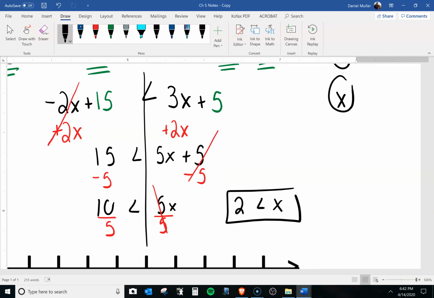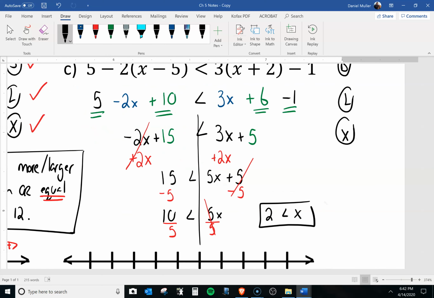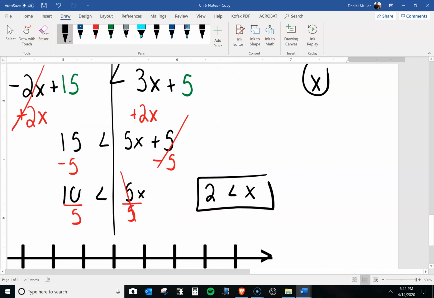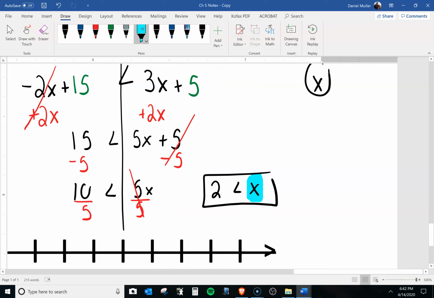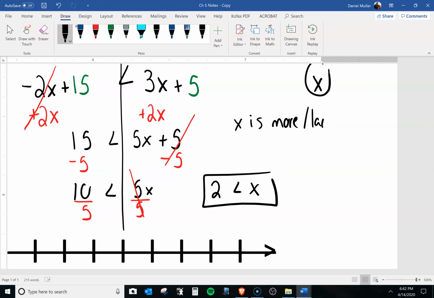Okay, so now I need to write a little sentence for this. So x is on the bigger opening side. So x is more or larger than, there is no equal, so we can leave that.